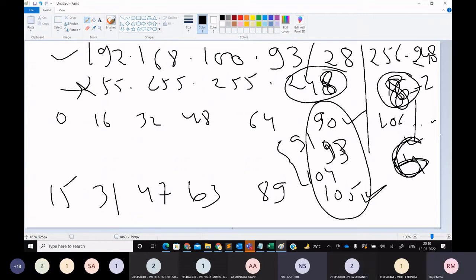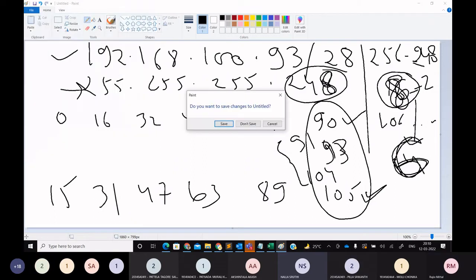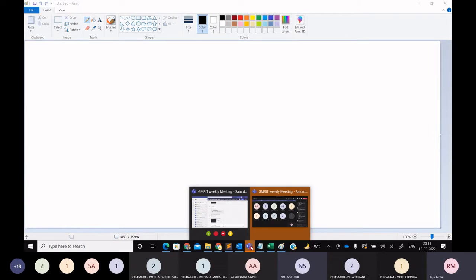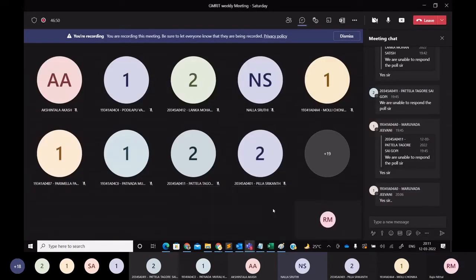So this is how you do the subnetting. Got it? Now, let me know if anybody has not understood this fundamental yet. Anyone still who has not understood this concept of subnet mask?